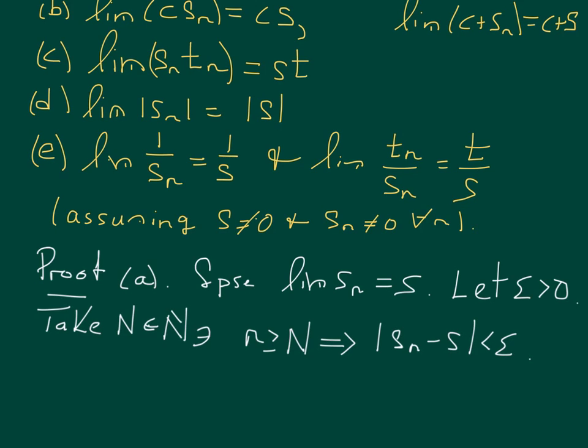Remember that distance in the complex numbers is just given by this formula here. All right, so now we're going to claim that, in fact, this same capital N is going to work to give us this limit here.